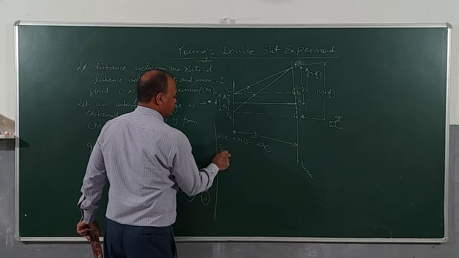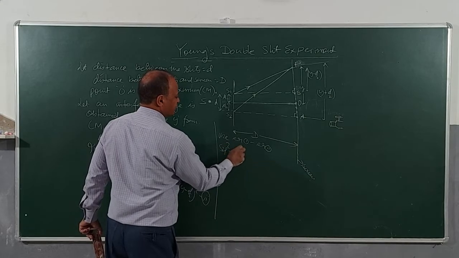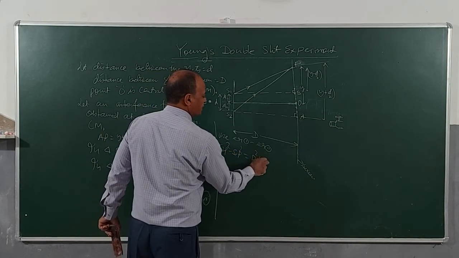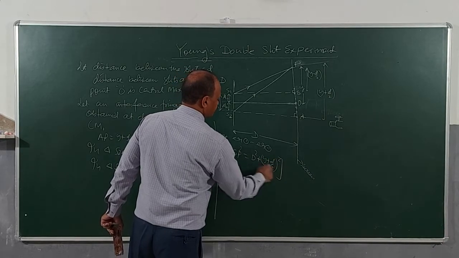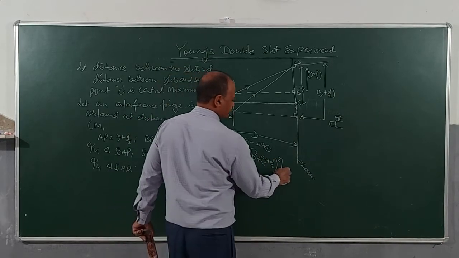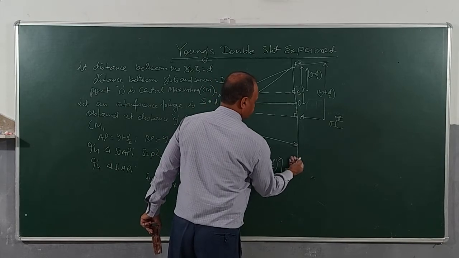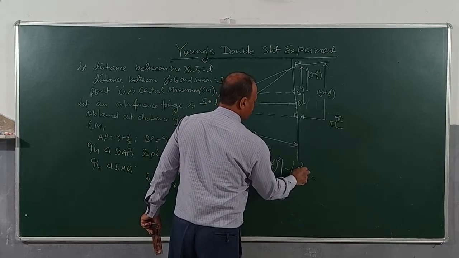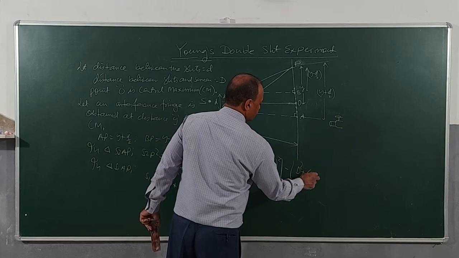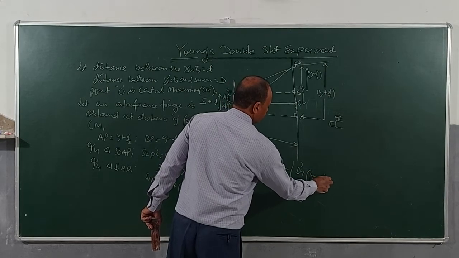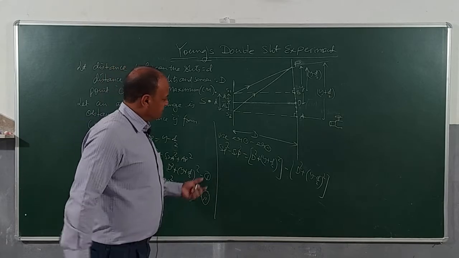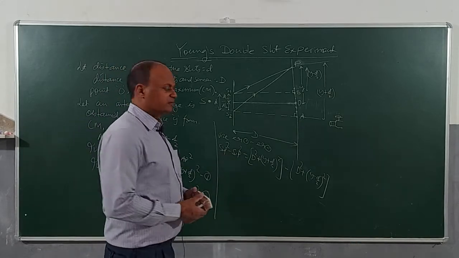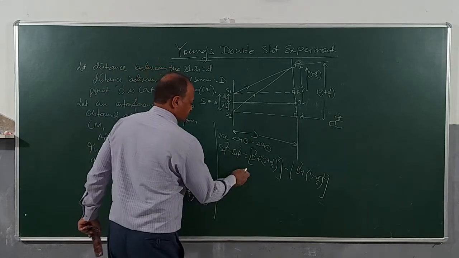So we will be getting S2P square minus S1P square is equal to d square plus y plus d by 2 whole square minus d square plus y minus d by 2 whole square. Clear? Now I am going to split this by using a square minus b square formula. So let's simplify.